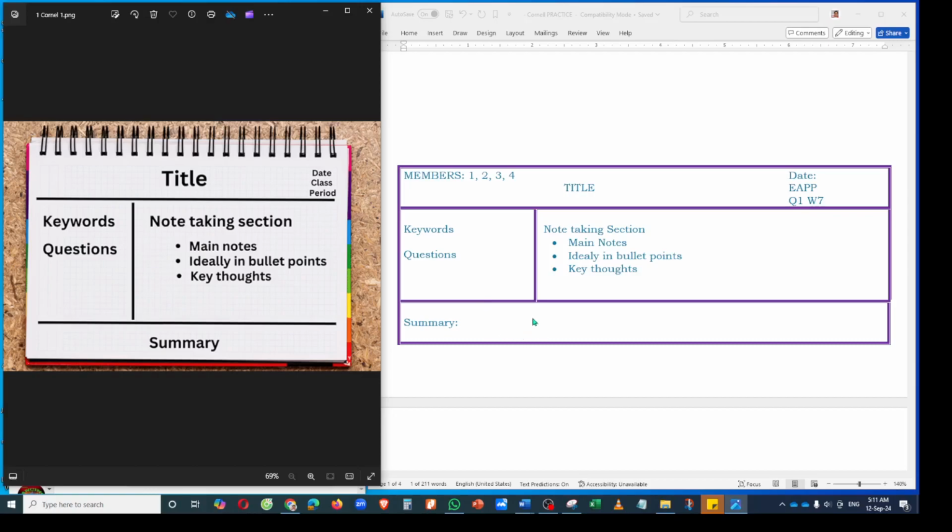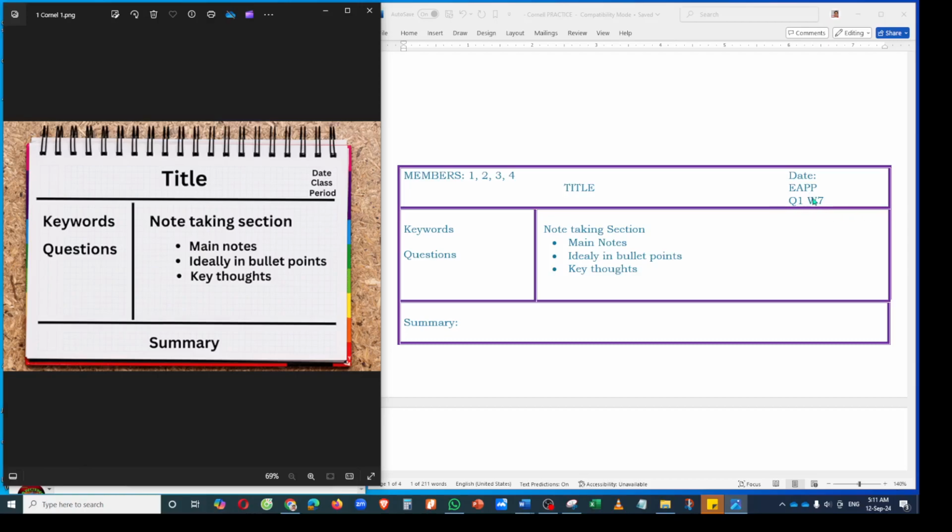And then at the end, you will write your summary of what you learned from all those information that you have made notes for. In the middle, you'll have the title, and then to the right, you'll input the date, the subject, and the period or the date for that particular lecture.